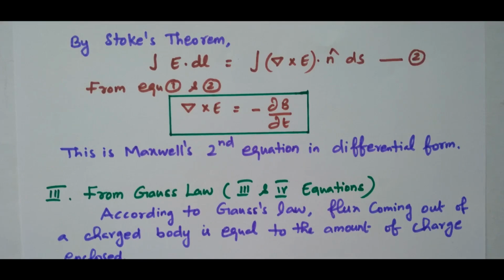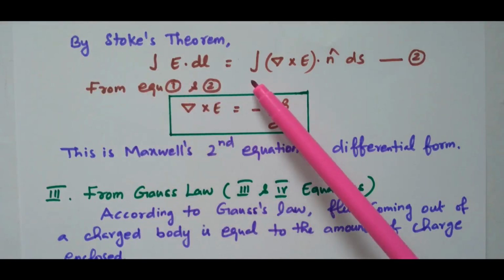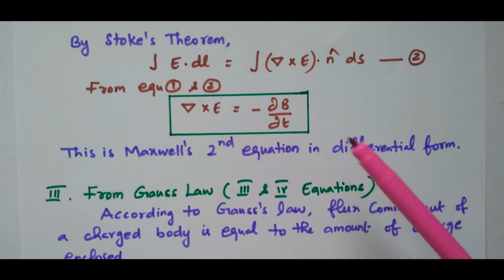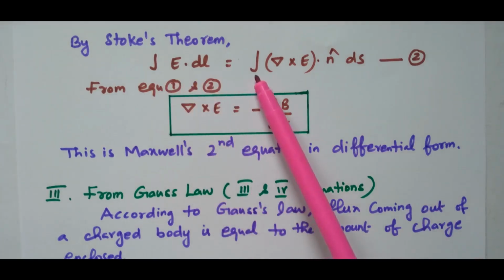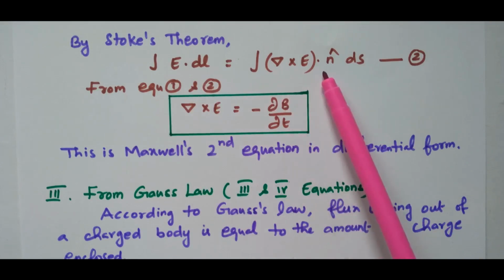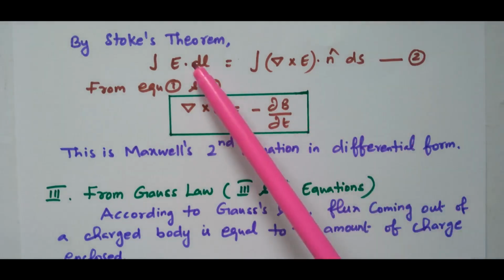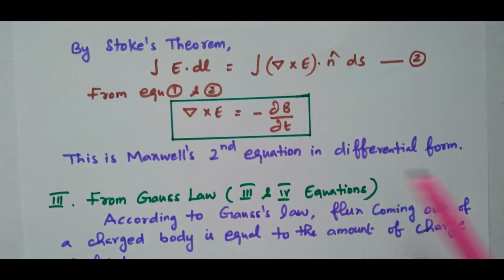By referring to the Stokes theorem, integral E dot dl equals integral del cross E dot n cap dS. The expression given by Stokes theorem is the same. So from equations 1 and 2, the left hand side is equal, so we can equate the terms on the right hand side.